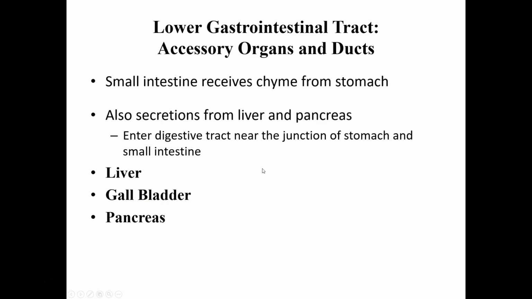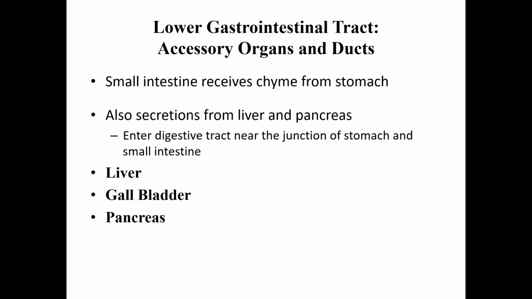The small intestines, or I should say the duodenum of the small intestines, also takes in secretions from the 3 accessory organs, the liver, gallbladder, and the pancreas. So the liver and gallbladder sit together. The liver produces bile. It has all kinds of other functions as well, but it produces bile. Bile then is stored in the gallbladder and released when necessary into the small intestines.